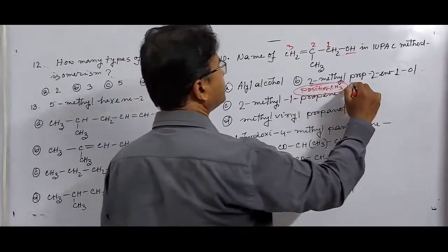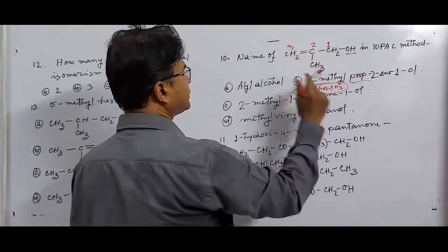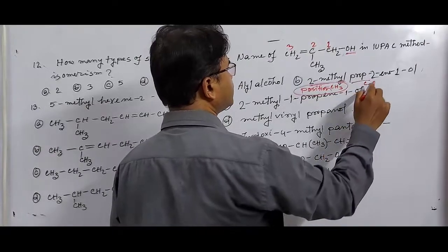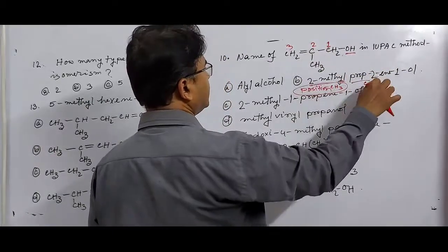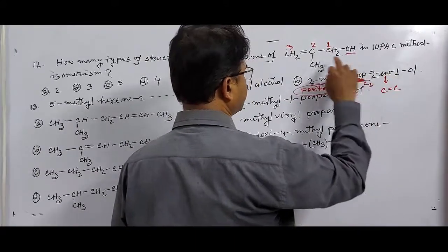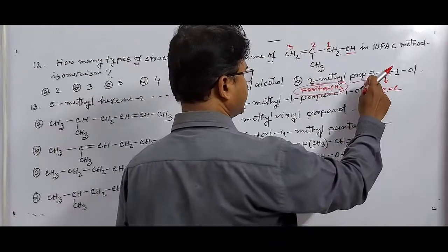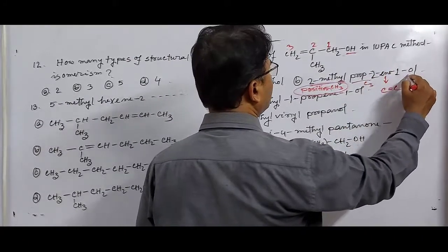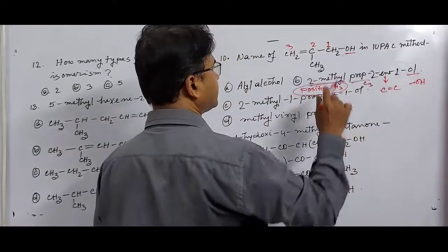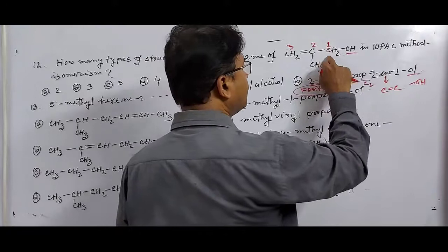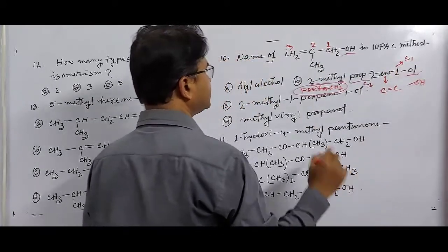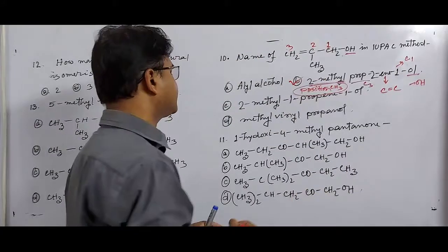And prop means there are 3 carbon atoms in the main chain, that's why I have written prop. And 2-en means a carbon-carbon double bond is present at the second carbon, that's why it is written 2-en. And ol means alcoholic group, and the position of the alcoholic group is at the C1 carbon, that's why I have written 1-ol. So students, option B will be the correct answer.